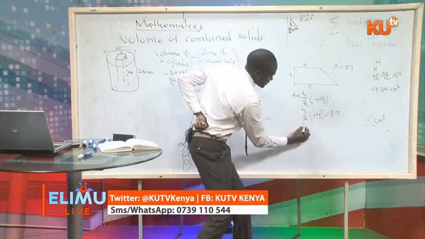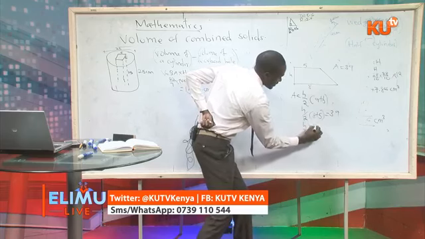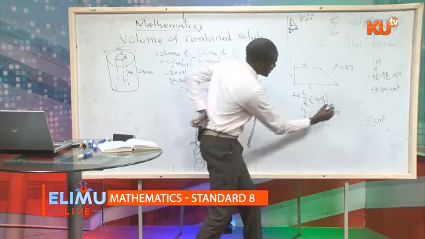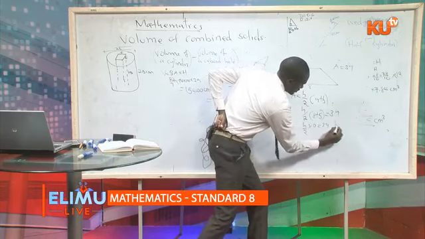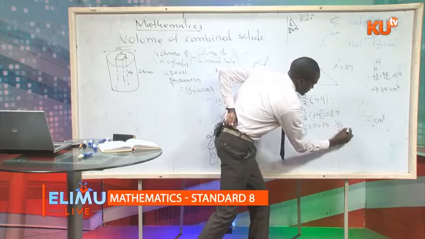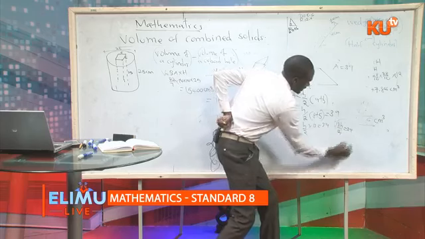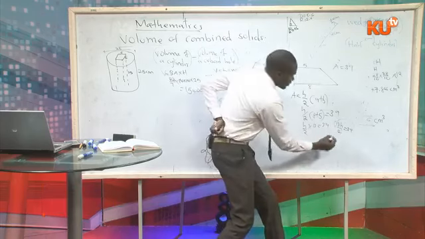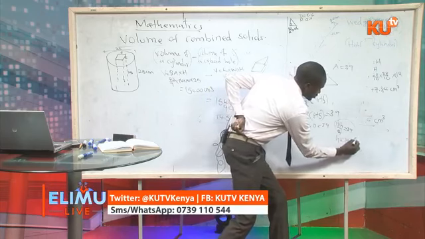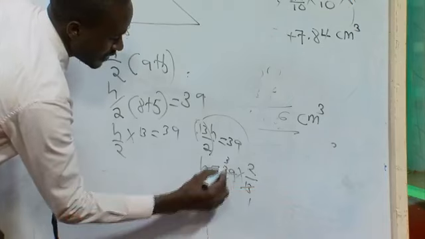Now, as a learner, what do you do? I say h over 2 times this one, which is 13, is equal to 39. Then h times 13 is 13h over 2, which is 39. Then now, this one, you take the other side as reciprocal, which means now you are left with height is 39 times 2 over 13. 13 here 1, 13 here 3.